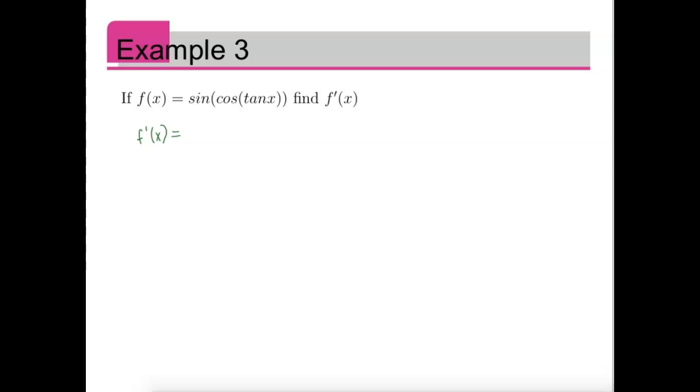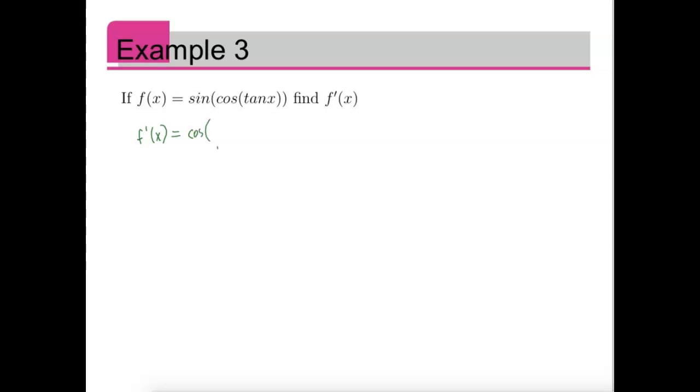What's the outermost function? I agree, sine. So first thing we want to do using the chain rule is derivative of the outside function. What's the derivative of sine? Okay. So we're going to do cosine of what?